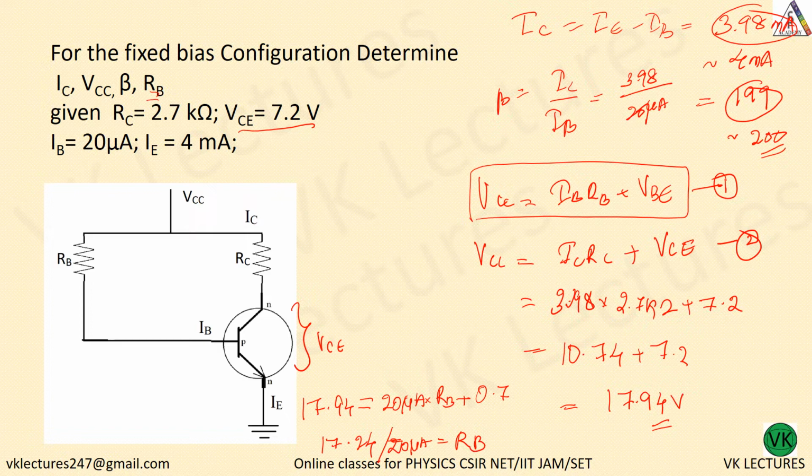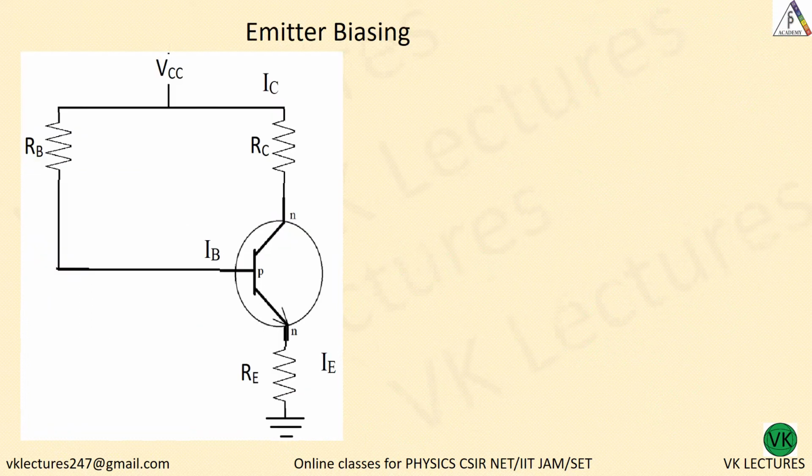So what is RB? 17.24 by 20 is 862 kilo ohm. Sorry, micro will come. 862 kilo. So you got RB, beta, VC and IC. Alright, fine. So this is it.